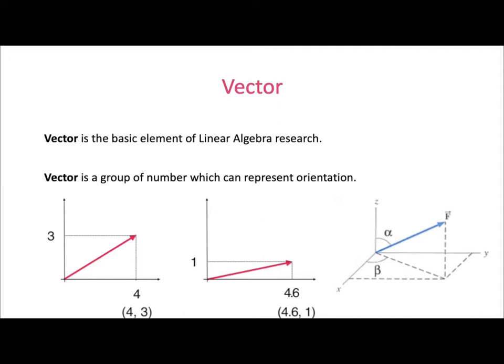What is the use of studying a group of numbers? In fact, the basic starting point of the concept of vector is that we can use a group of numbers to better represent directions. For example, we can imagine that in a two-dimensional plane, we start from one point to another.